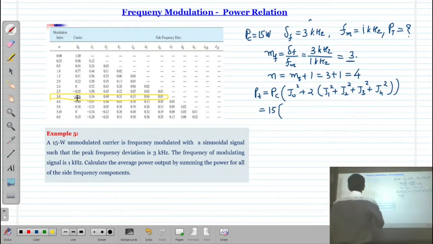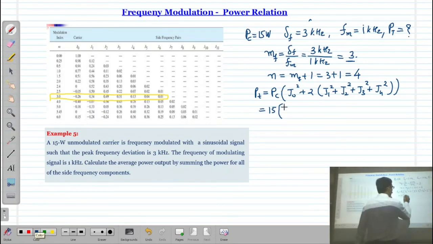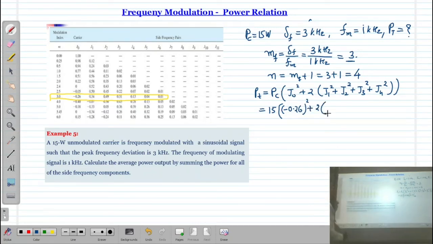So I will write minus 0.26 whole square plus 2 into, now what is the amplitude of the first order sideband?